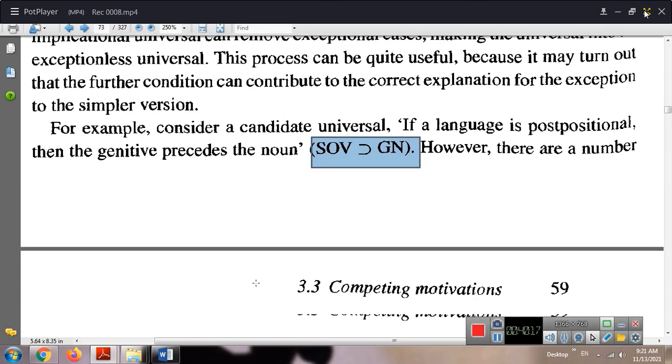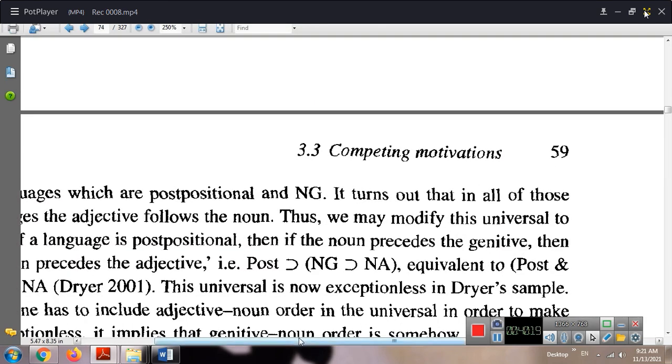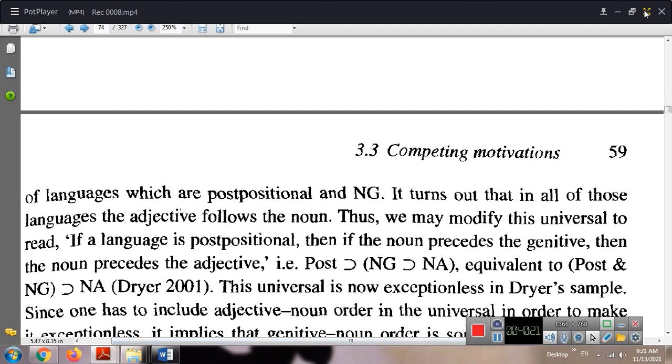However, there are a number of languages which are postpositional and noun-genitive. It means that they are not based on this implicational, like Persian. It turns out that in all of those languages, the adjective follows the noun.